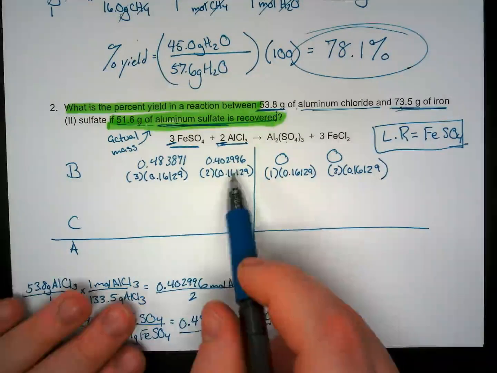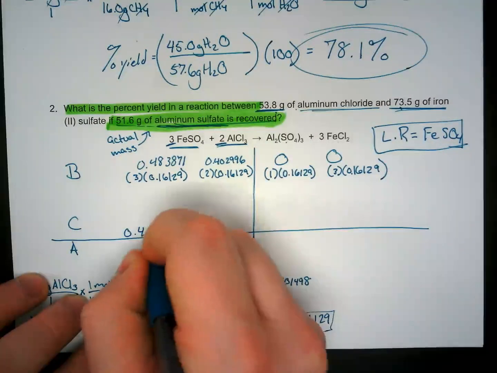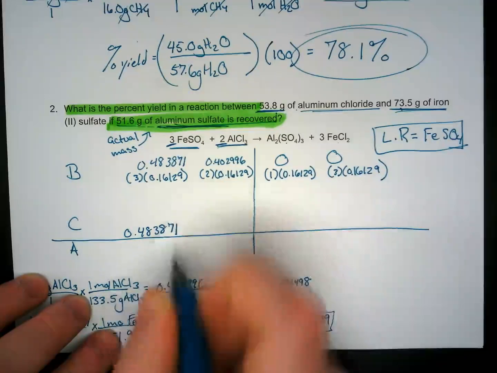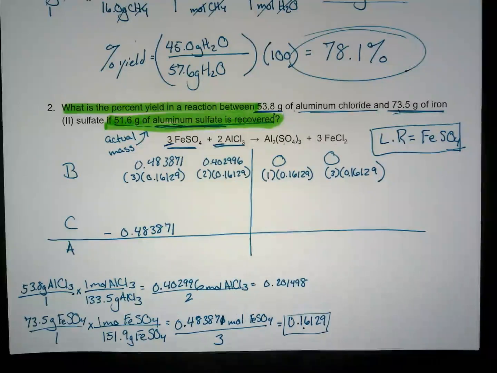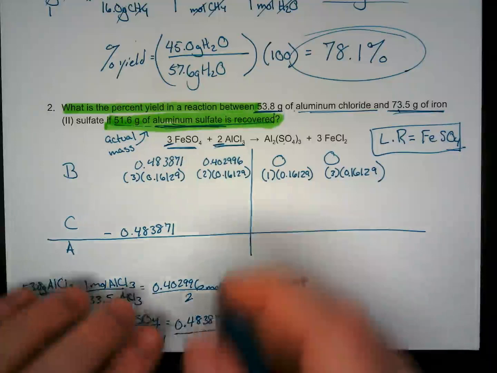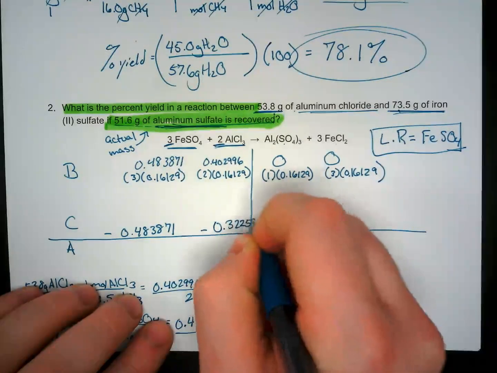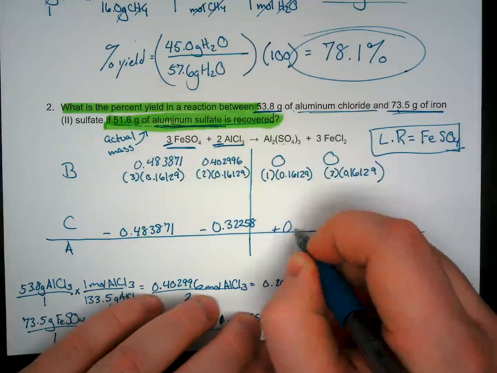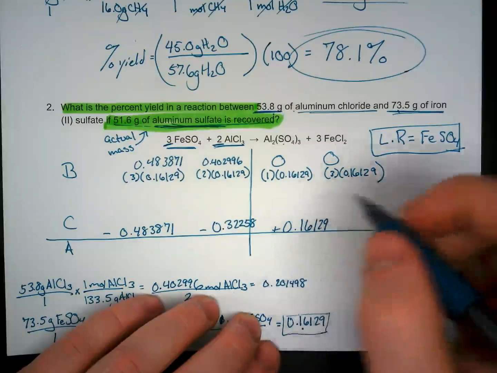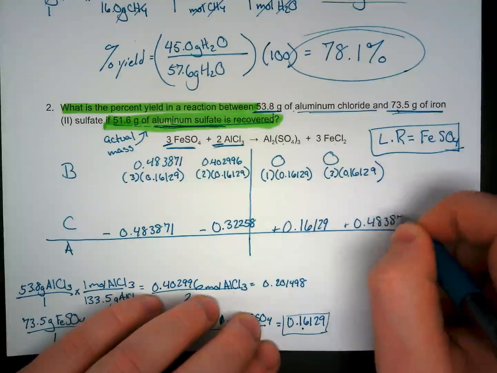What we should get here is just our normal number back, 0.483871, because this is our limiting reactant. Then here, we calculate 0.16129 times 2, which is going to be 0.32258. Over here, it's just going to be 0.16129. Then here it's going to be 0.483871.